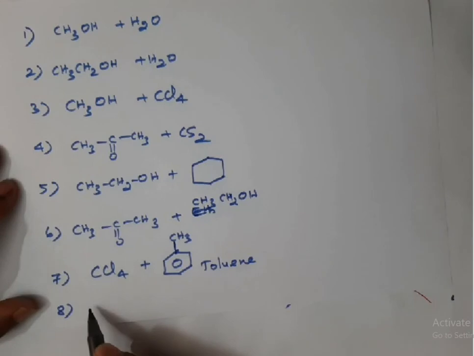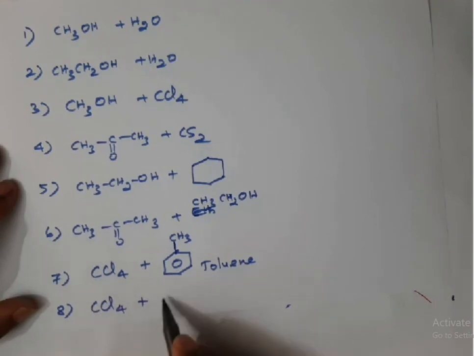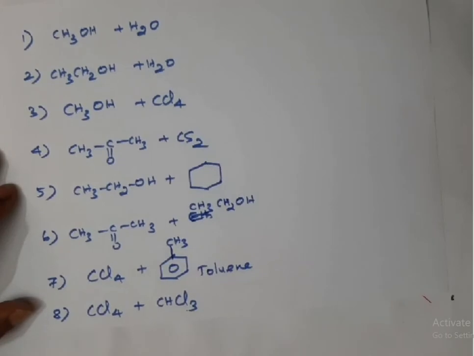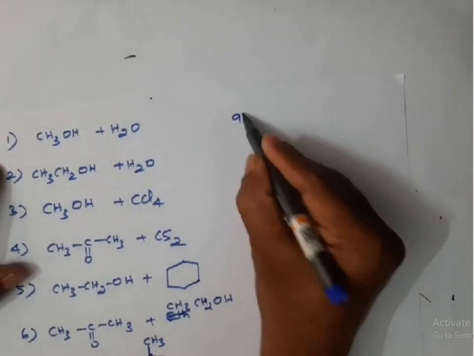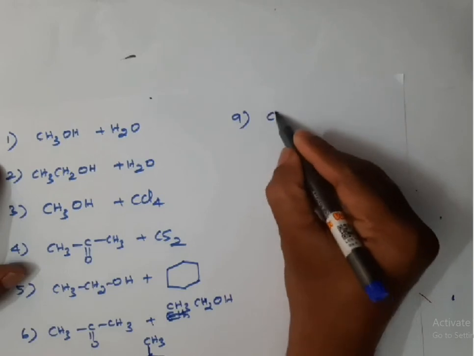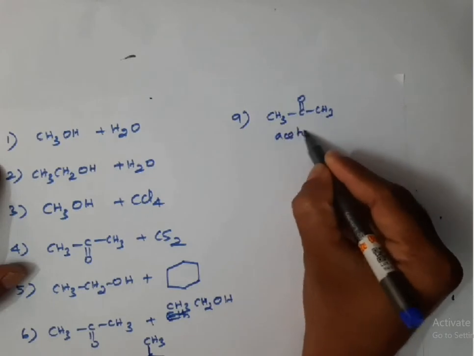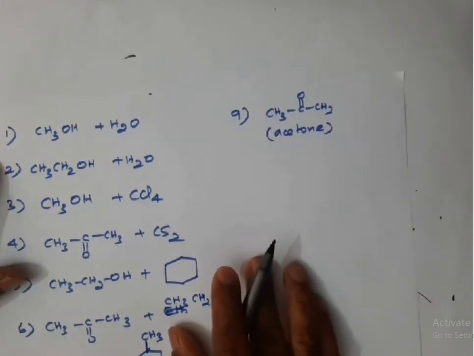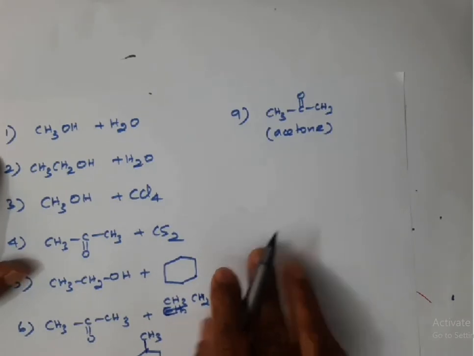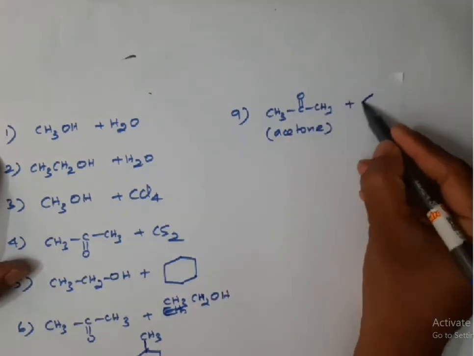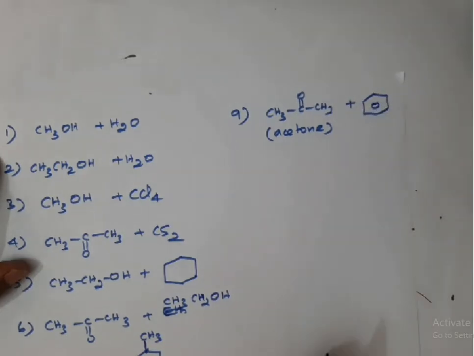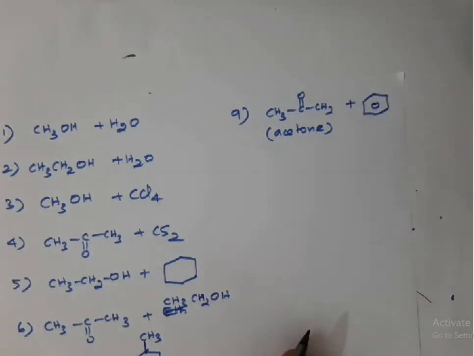Then carbon tetrachloride and chloroform will give positive deviation. Then acetone, CH3COCH3. This compound is called acetone. I have given it already. Anyway, note down the name. Acetone, also called propanone. Propanone and benzene form positive deviation. These are a few examples for solutions showing positive deviation.